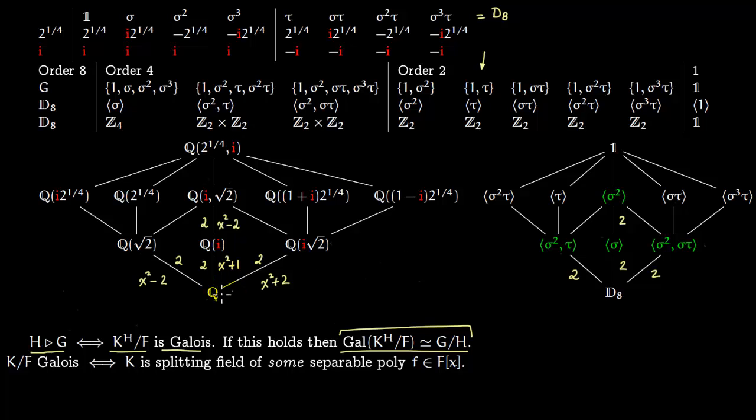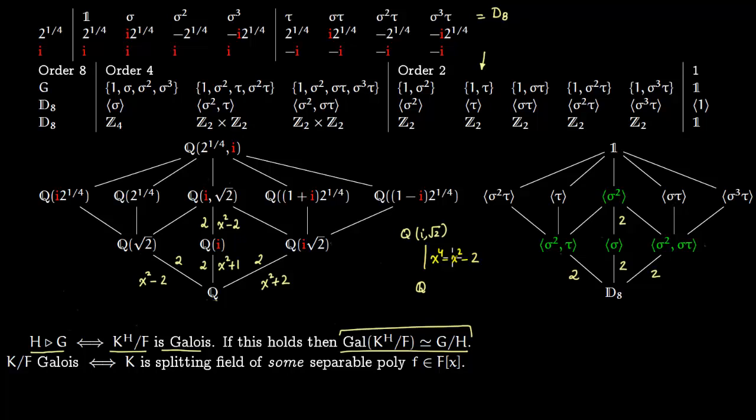You could also consider this directly, this here Q(i, root 2), you can see this directly over Q also. In that case you consider the polynomial which is a product of these two polynomials, which would be x to the 4 minus x squared minus 2.